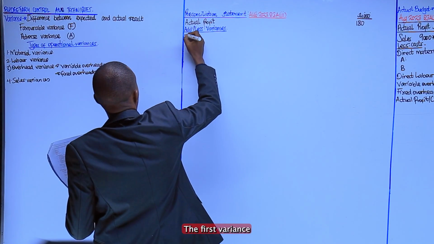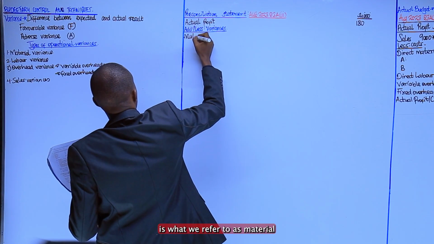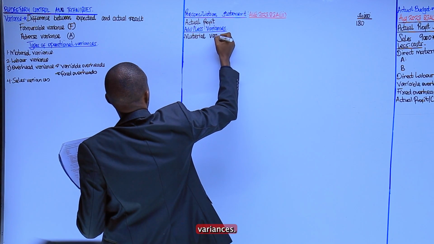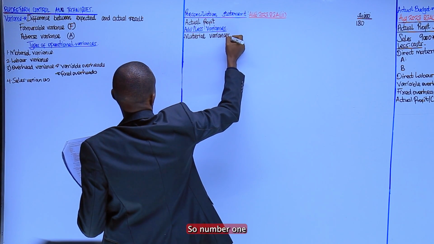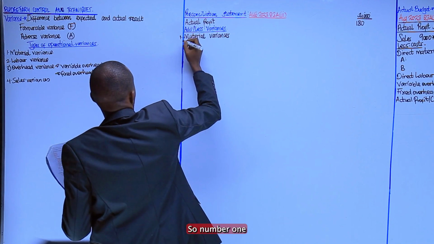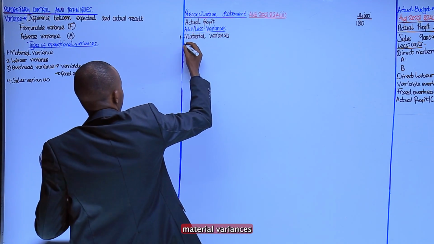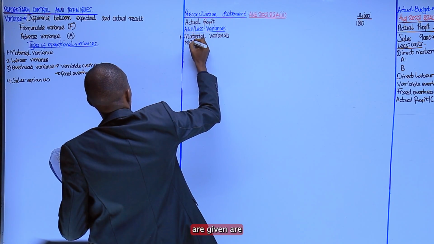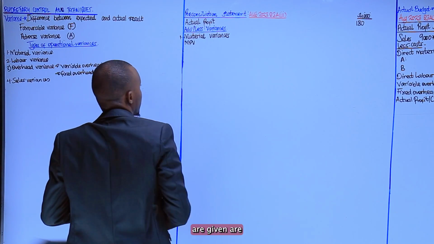The first variance is what we refer to as material variances. So number 1, material variances, and your material variances are 2.